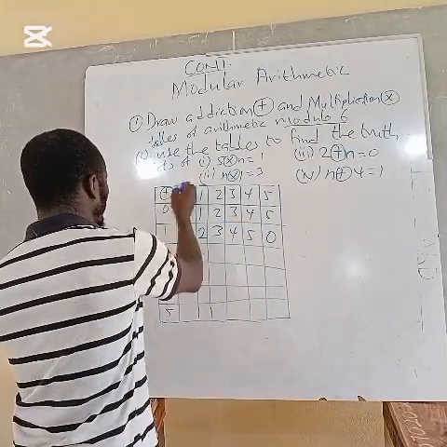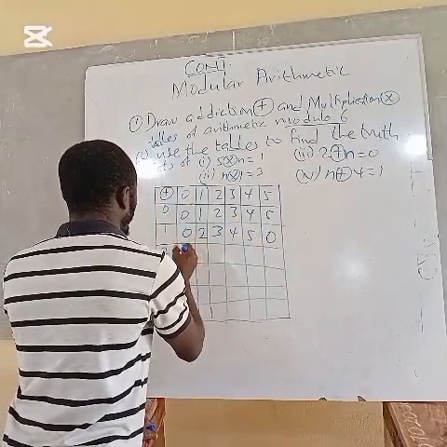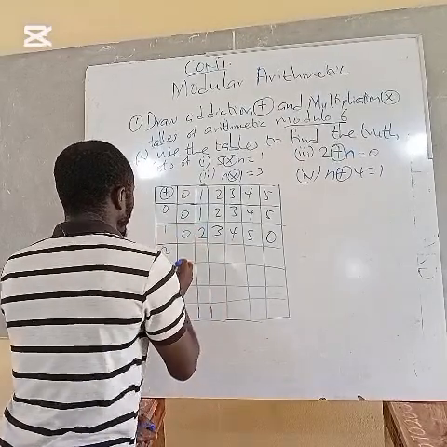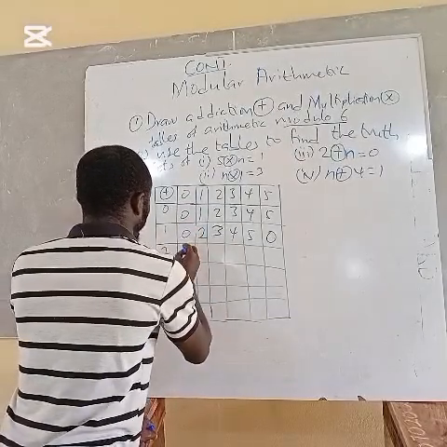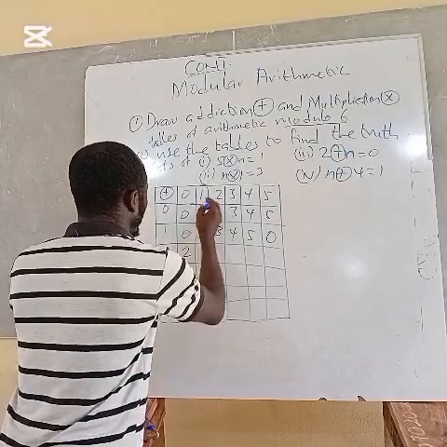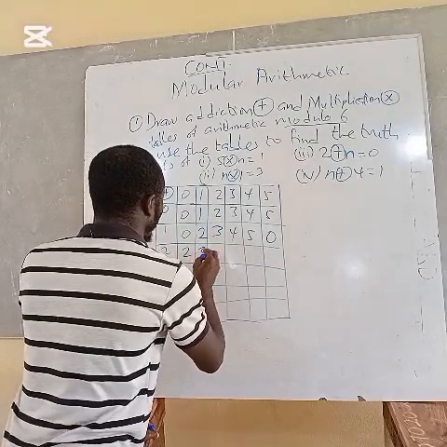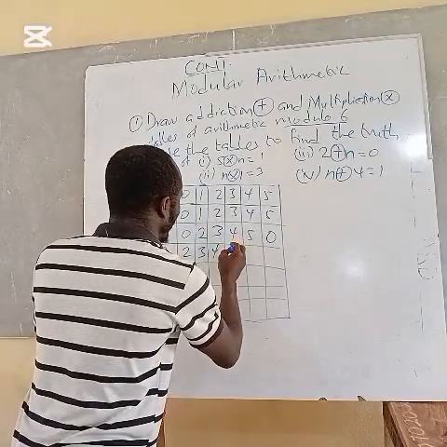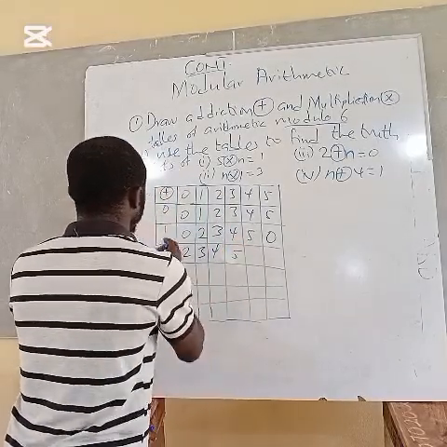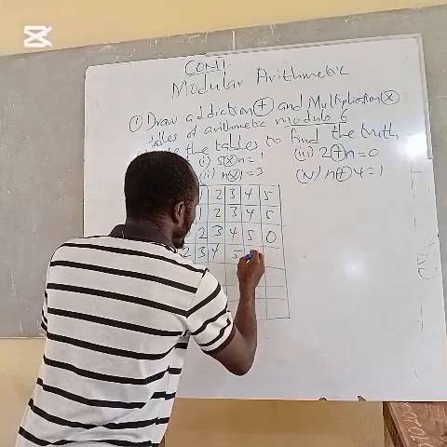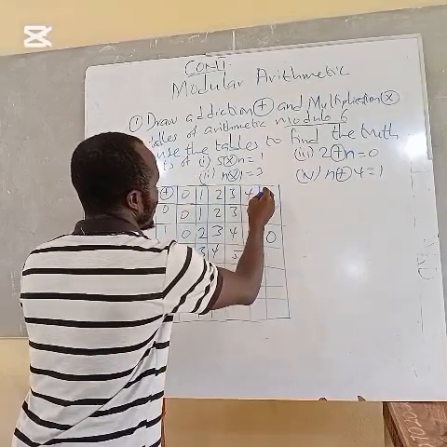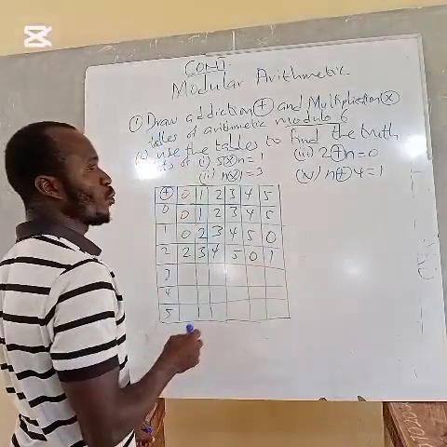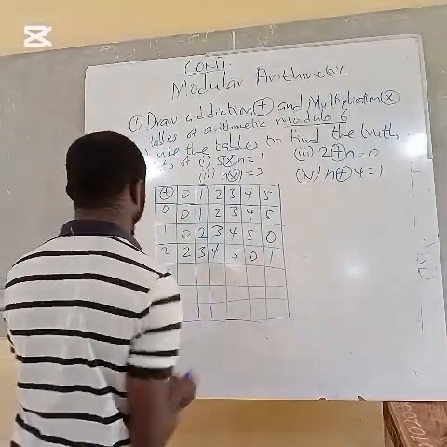Then we come to the row for 2. 2 plus 0 is 2. 2 plus 1 is 3. 2 plus 2 is 4. 2 plus 3 is 5. 2 plus 4 is 6, so write 0. 2 plus 5 is 7. 6 goes into 7 once, remainder 1. So write the remainder 1 there.